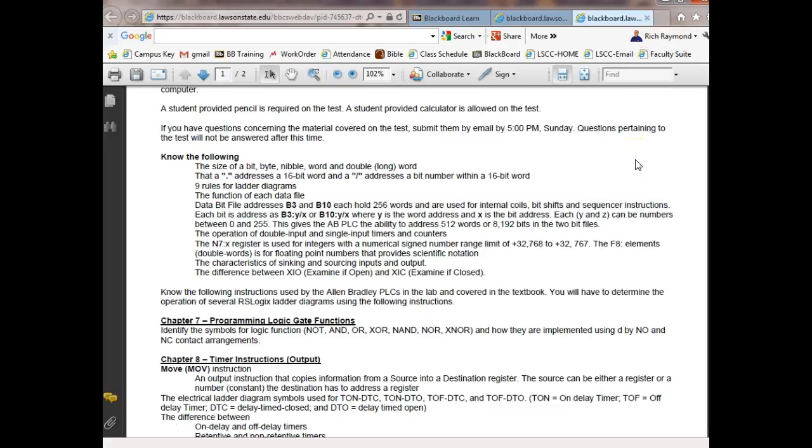I have to upload them to YouTube, and it takes longer to upload them to YouTube than the actual lecture, because it has to compile it over to the format that YouTube uses.